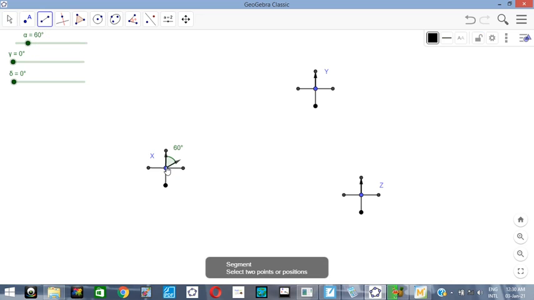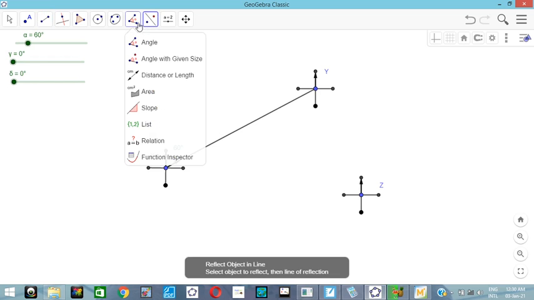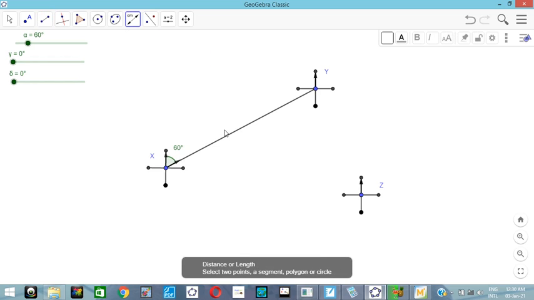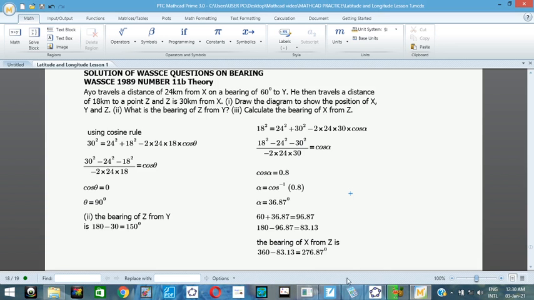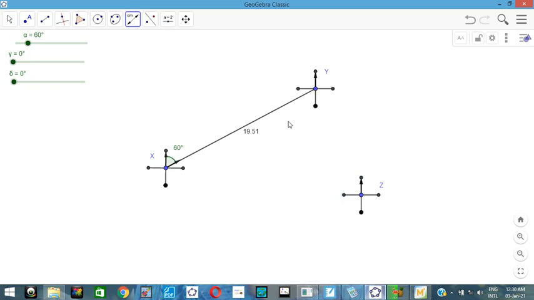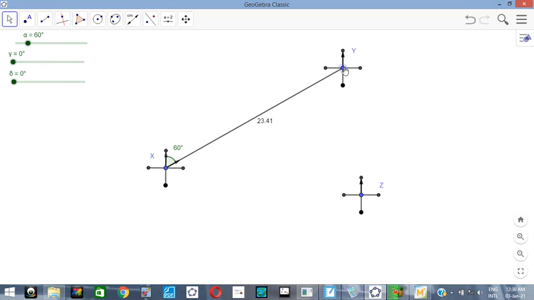So from X to Y, let me put the length so that I can measure it at once. The question says from X to Y is 24 kilometers. So let me put it there. That means if I move at this angle, let me move it to 24 kilometers.